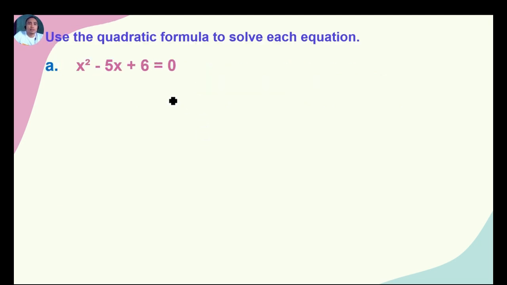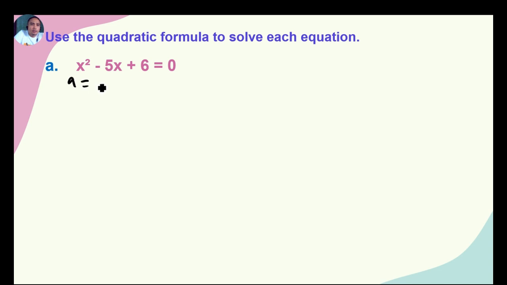Now, let us solve this quadratic equation: x squared minus 5x plus 6 equals 0. Observe that all the terms are already placed on the left side of the equation, so we proceed to the next step, which is to list all the numerical coefficients a, b, and c.